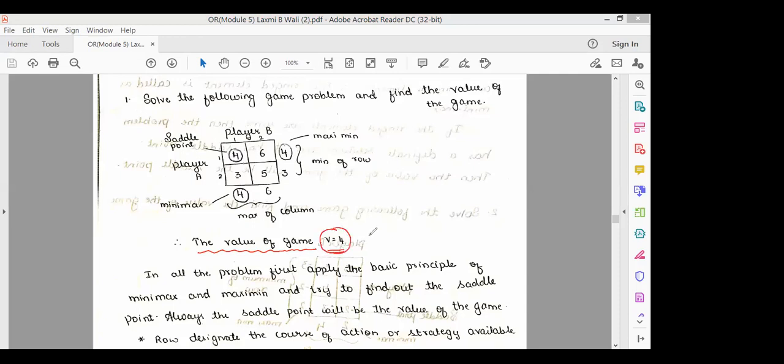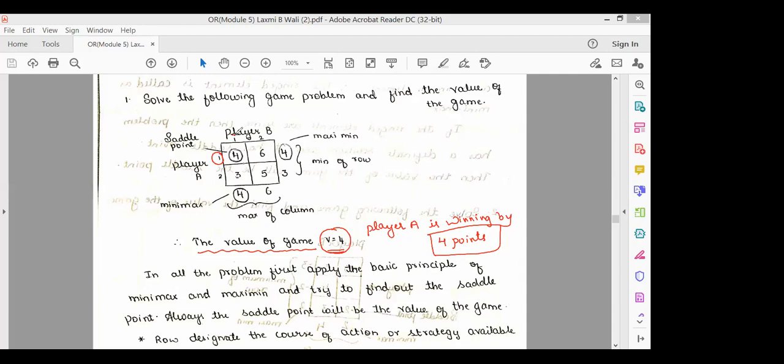It is positive. It means the player A is winning by 4 points, if the payoff matrix consists of points. It means the player B is losing by 4 points. So player A is winning by 4 points when he is using a single strategy 1.